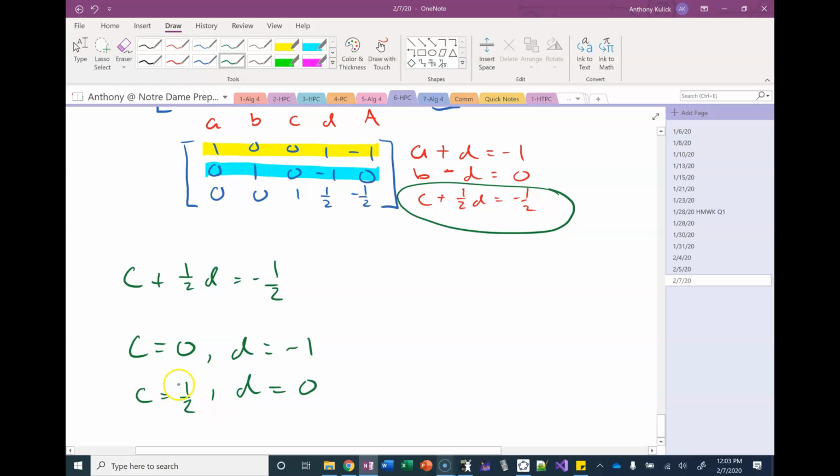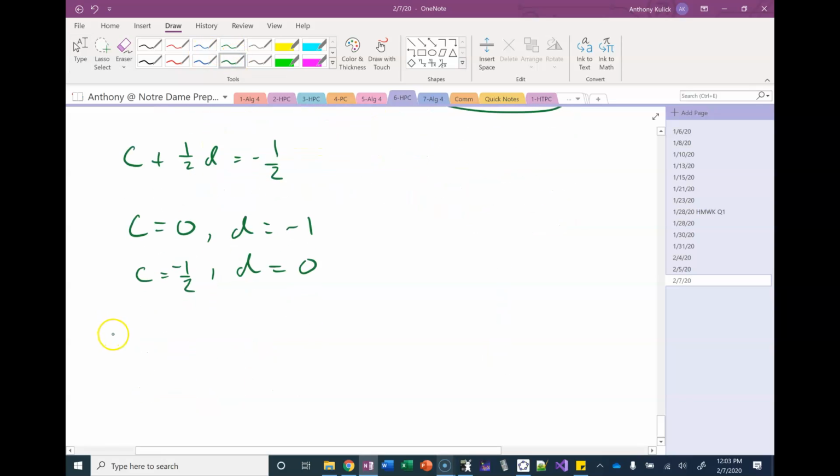Yes, negative 1/2. Thank you. Everybody good with that? Okay. This is all I need. I just need 2 pairs of C's and D's. You could keep going and generating more. They don't have to be these specific C's and D's. Any C's and D's that satisfy this equation would be fine. Everybody's good with this? Okay.